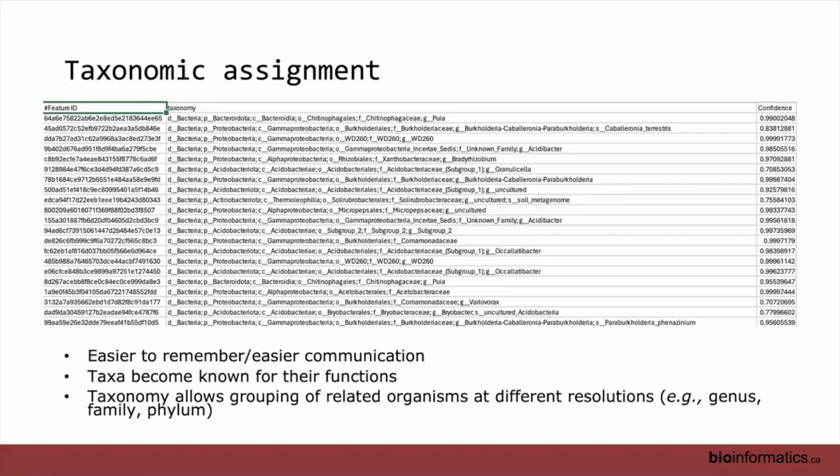You might only be finding it in 5% of your samples. If you're looking to find taxa that might be good indicators of something, or that are more abundant in cases versus controls, you can't really do those statistical tests when it's only found in 5% of your samples. So often we're looking at the higher taxonomic resolutions just so that we're at least finding them in a lot of different samples, and you can actually do these statistical tests with them.